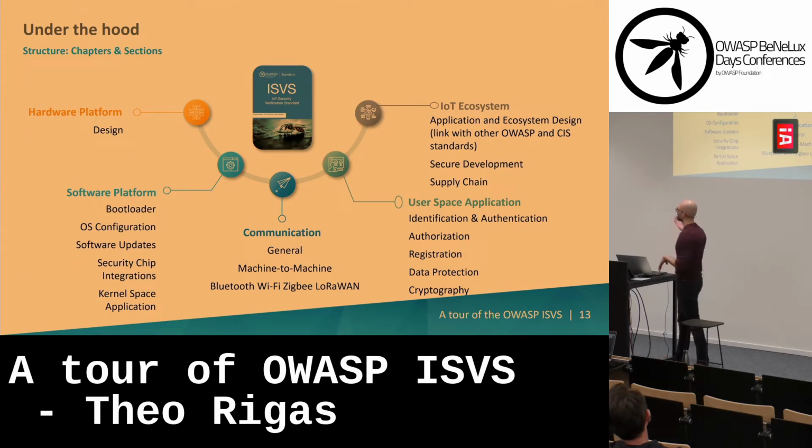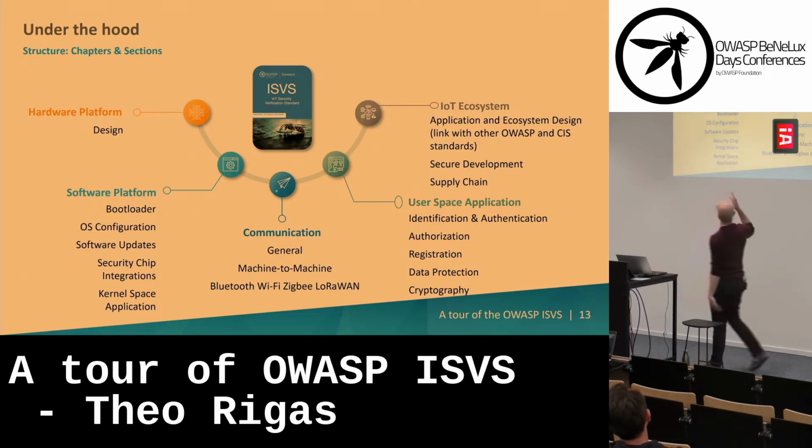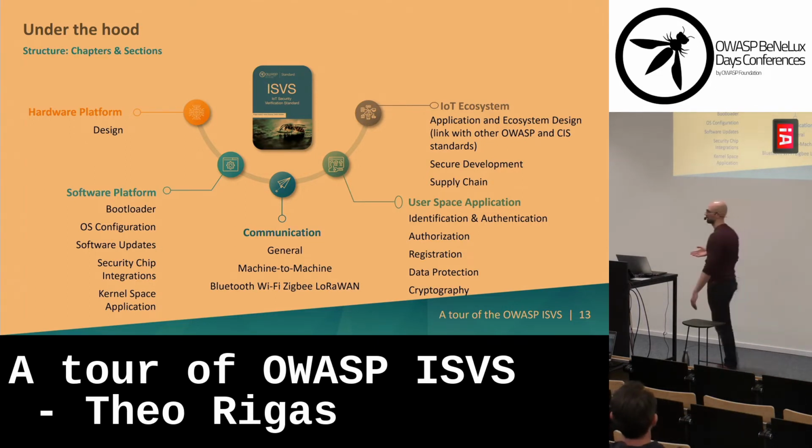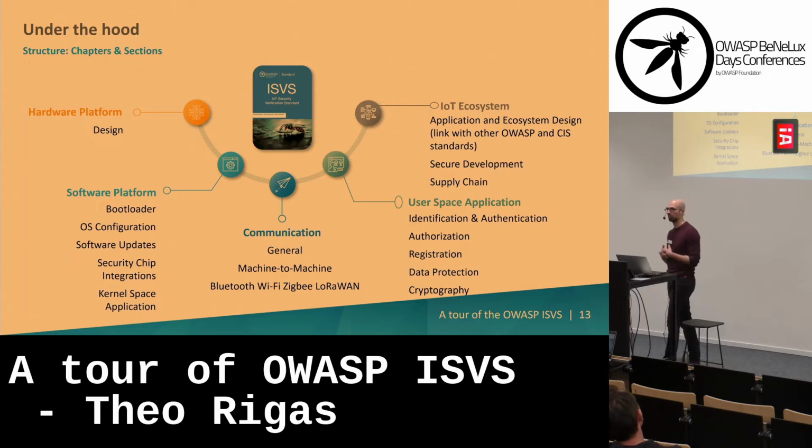So you have chapter number 5, which is on the left here. It's the hardware platform. Why? Because when you're building an IoT application, you're going to build it on some hardware. There you only have one section, that's design, and I'm going to explain why later. But you have your hardware, and then on top of that, you build your software platform.